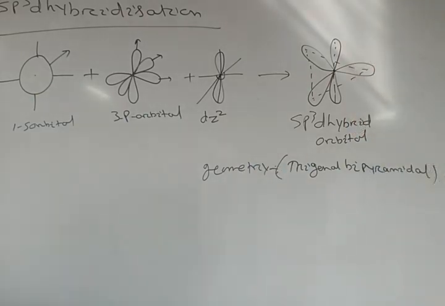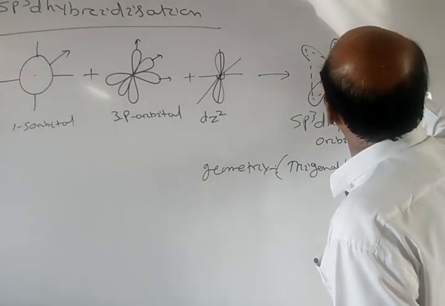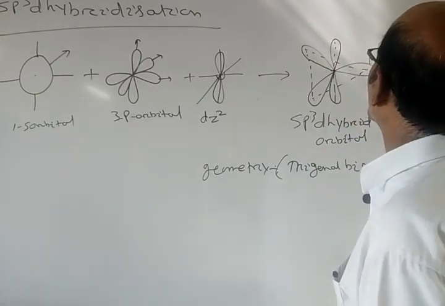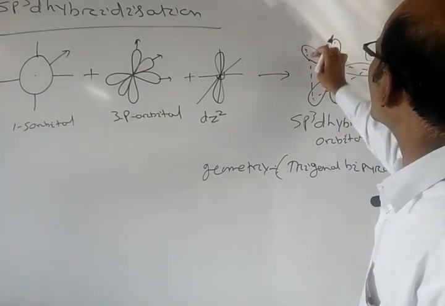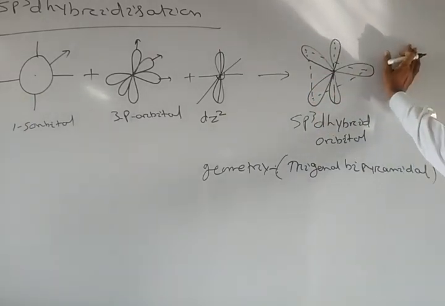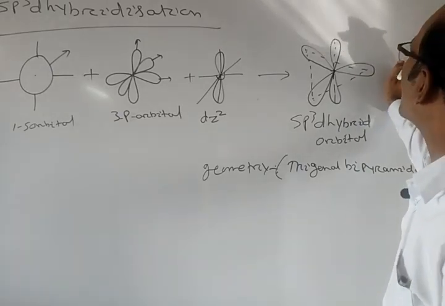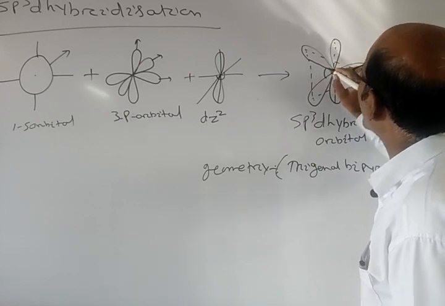Here you see these five sp3d hybrid orbitals, there are two types of arrangement. Here you see these three hybrid orbitals are arranged at the three corners of an equilateral triangle, forming a bond angle of 120 degrees.